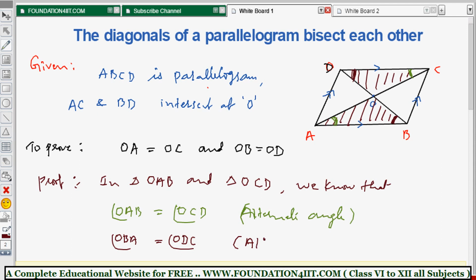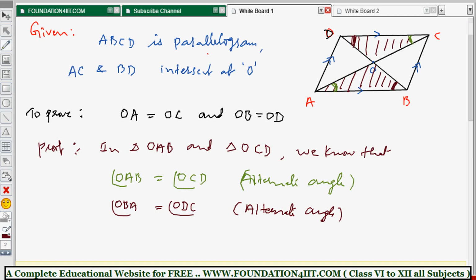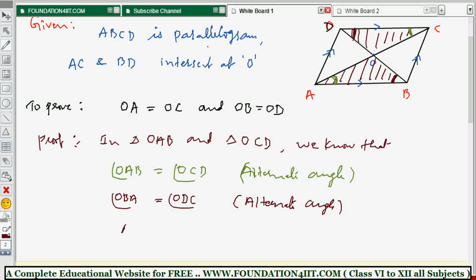These are also alternate angles. And AB is equal to CD, because opposite sides are equal in a parallelogram, right? So here we have two angles and one side.